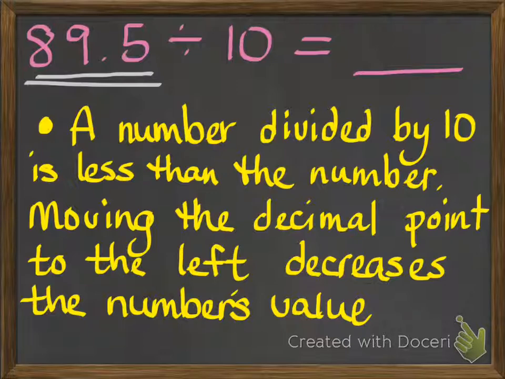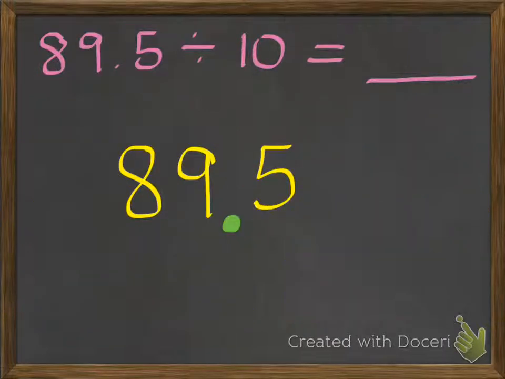The dividend is always going to be the largest number. The quotient is always going to be smaller than the dividend. Okay? And moving the decimal point to the left decreases the number's value. I want to show you that. So here we have 89.5, and if I move the decimal to the left, now I have 8.95, right?